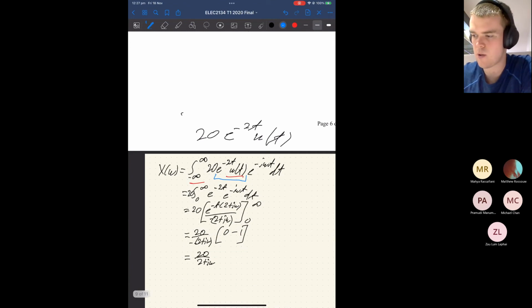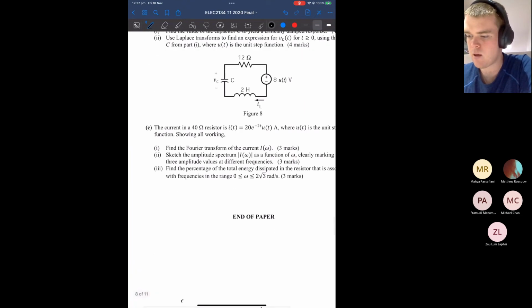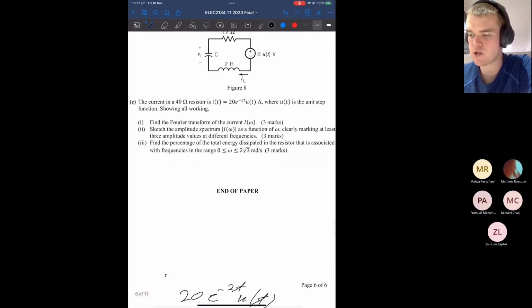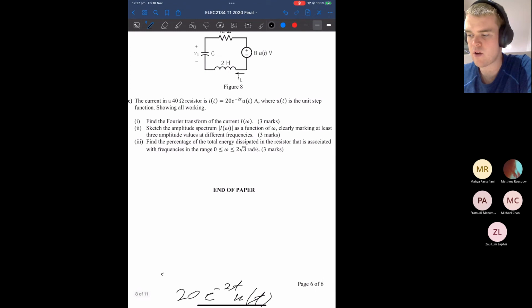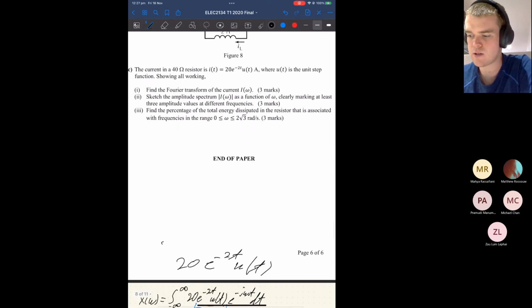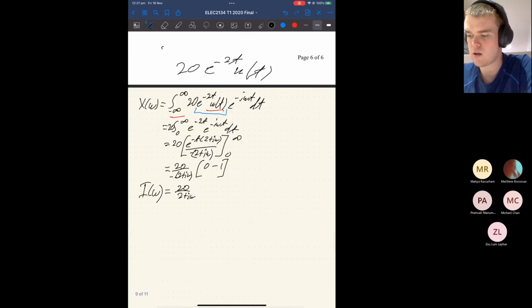So this is just going to be I of omega is equal to that. Now, sketch the amplitude spectrum, absolute value of I of omega as a function of omega, clearly marking at least 3 amplitude values at different frequencies. Okay, so what do we expect this to look like?